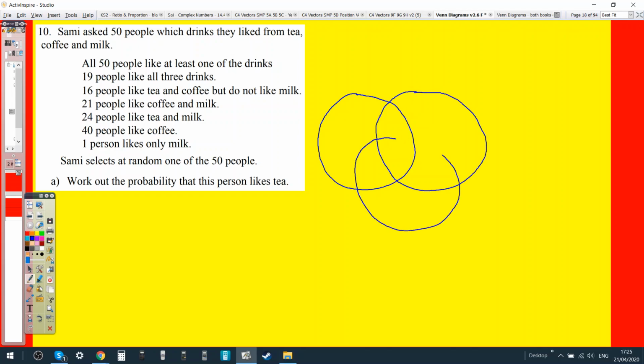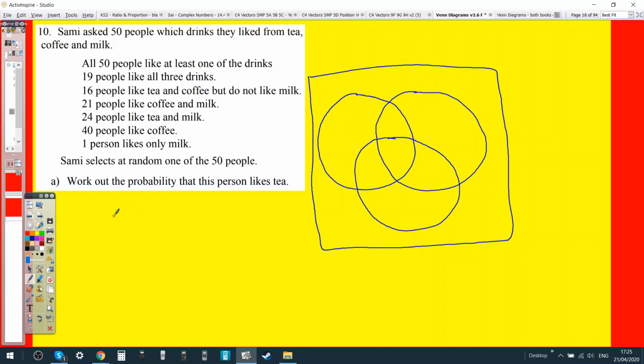And how would we start this one? Very good. So 19 goes in the very middle. Okay. That's a good start.